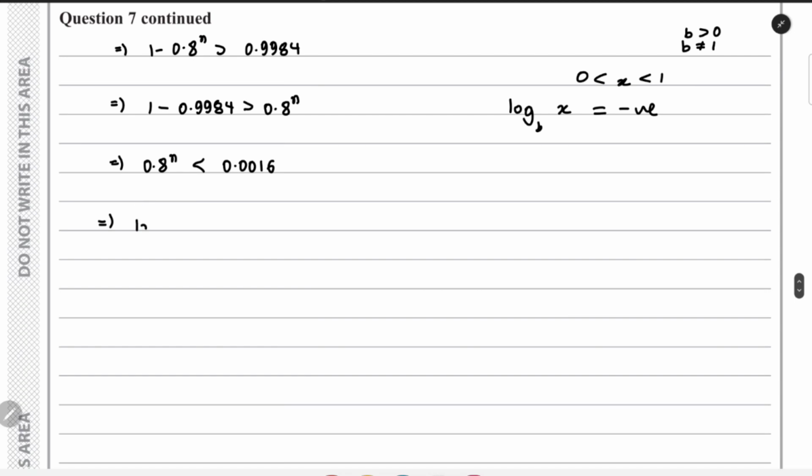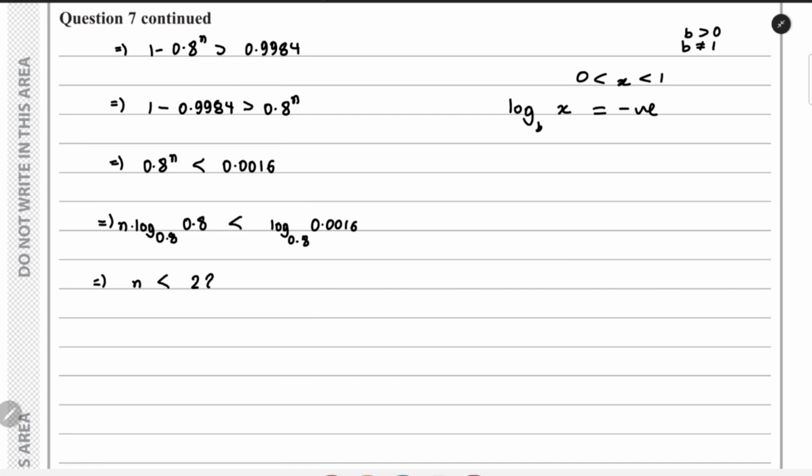So we have log base 0.8 of 0.8^n. We can take the n over here, less than log base 0.8 of 0.0016. This thing over here is 1, so we have n less than log base 0.8 of 0.0016.